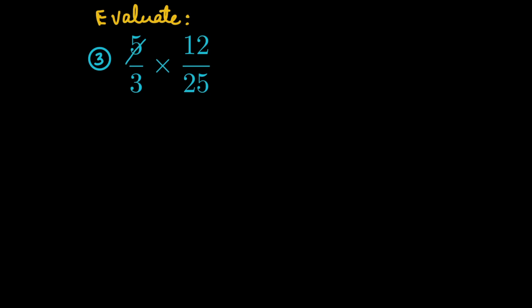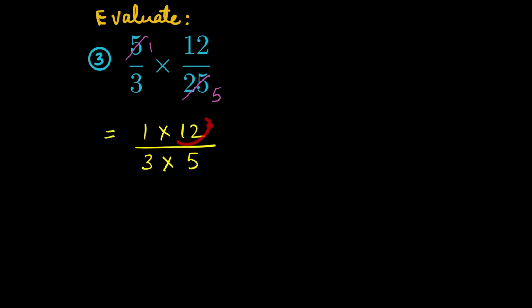So 5 times 1 and 5 times 5. Let us write it as 1 times 12 over 3 times 5. After this again we check. 1 cannot be reduced with 3 or with 5. They're already in the lowest form.